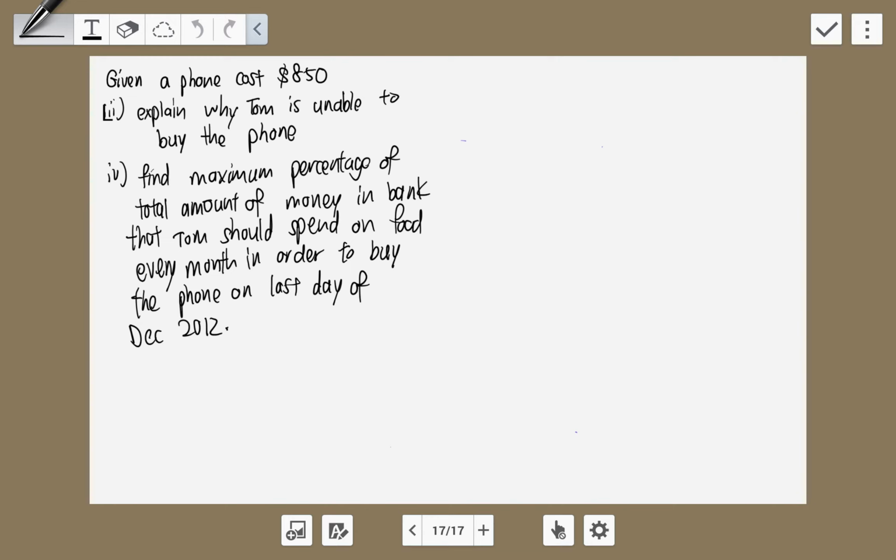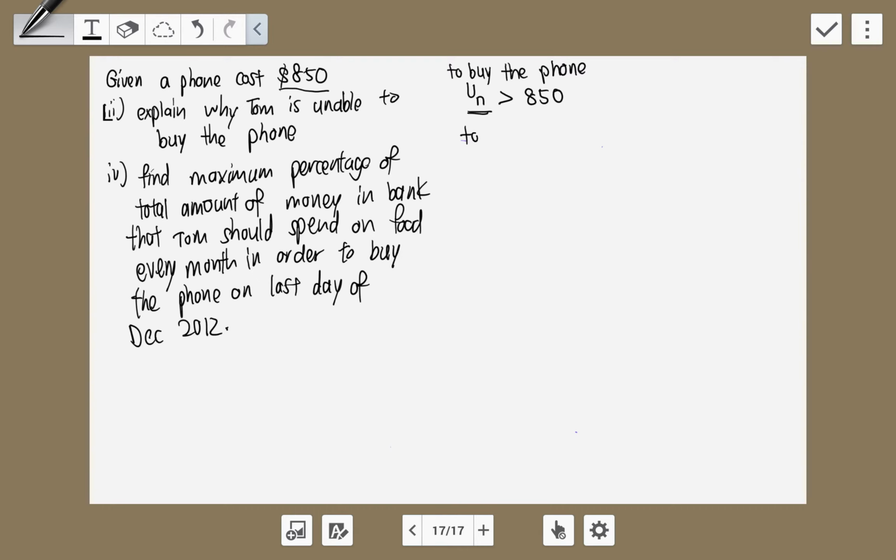So now, given a phone that costs $850, explain why Tom is unable to buy the phone. So in order to buy the phone, the amount in the account for a certain month must be greater than $850 so that he will be able to buy the phone.